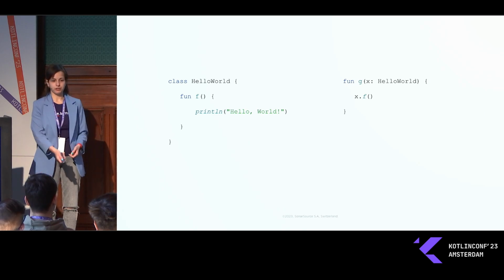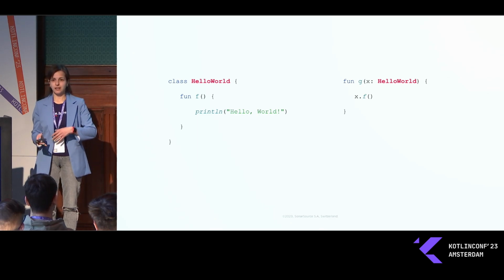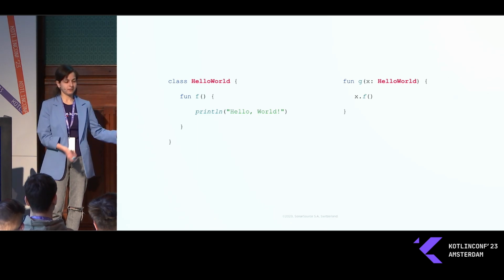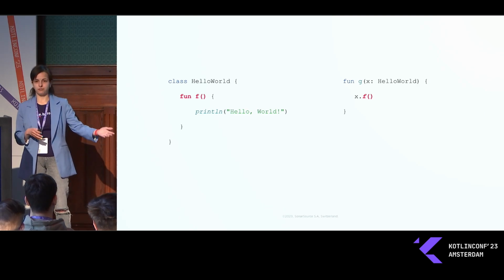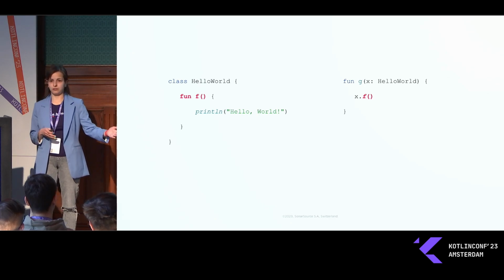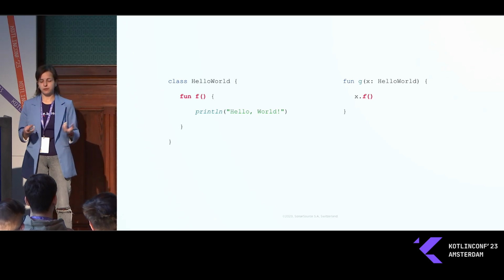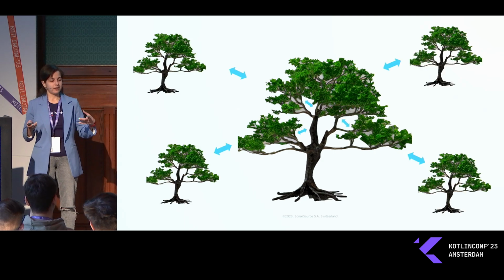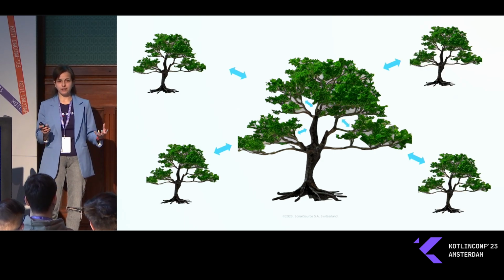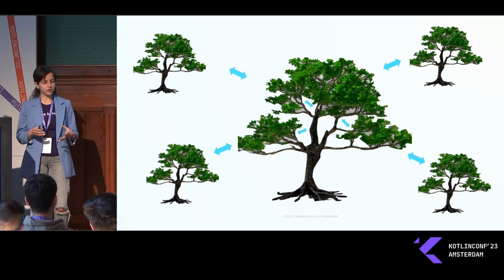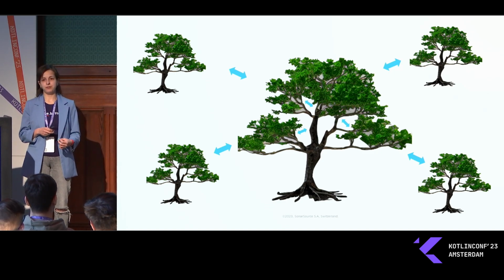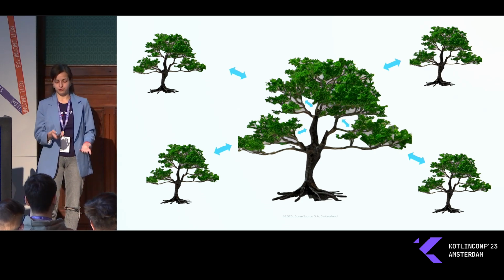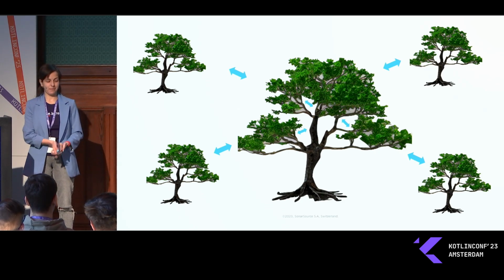But with a semantic model, we can understand that this hello world reference is actually that hello world class, and this x.f function is actually a function that is defined in the hello world class. So with semantic, we can understand the context behind the tree, the relations between different trees and between different nodes of these trees, and a lot more information, but that's just in simple words.